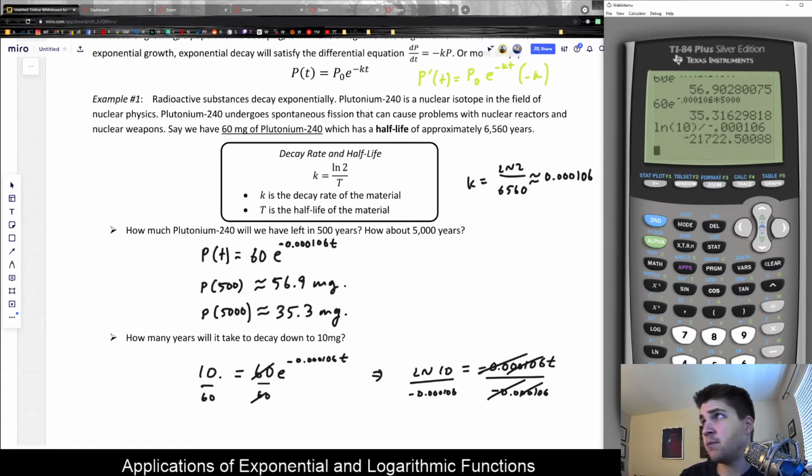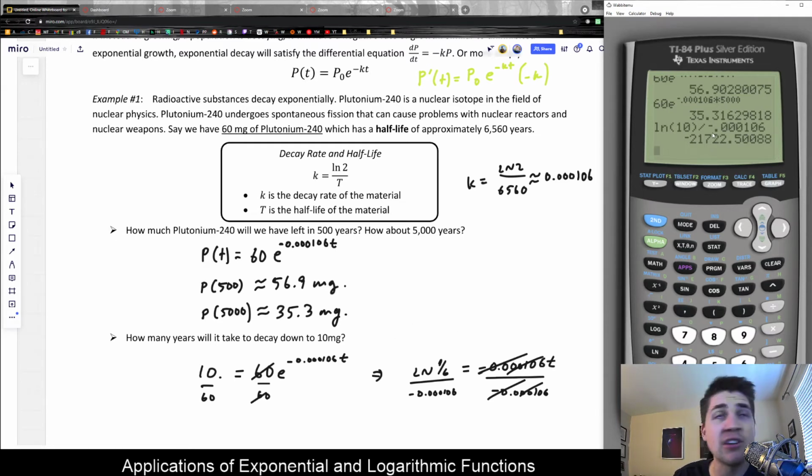and that would leave me with something very, very wrong. This should not be 10, this should be 1/6 again. Another thing about applied problems is we should always be able to figure out, okay, does my answer make sense? This should be a time frame. I'm expecting this to take a very, very long time, since 5,000 years later, it still had 35 milligrams. It's going to take a whole lot longer to get down to 10.